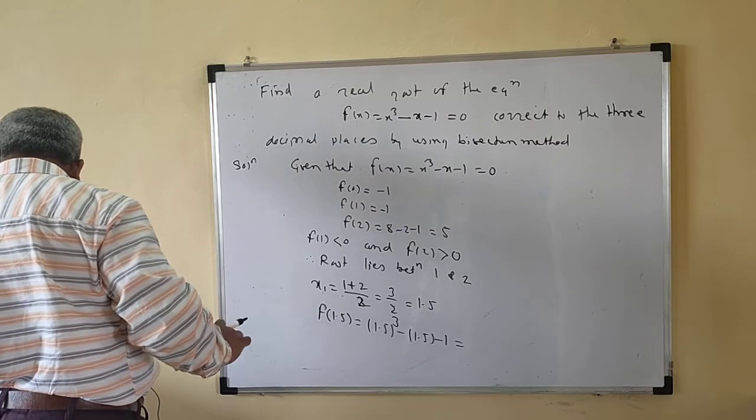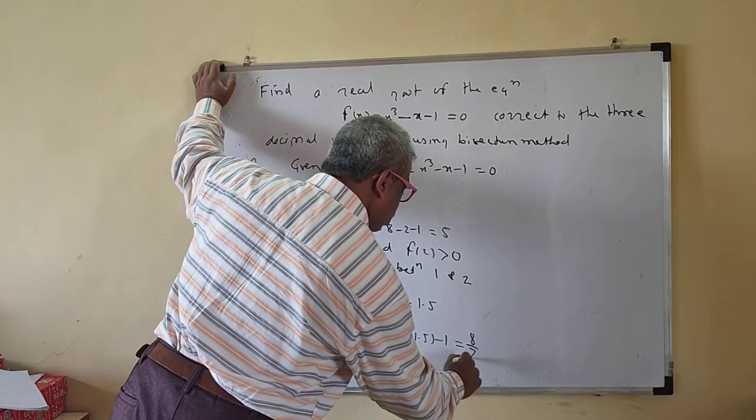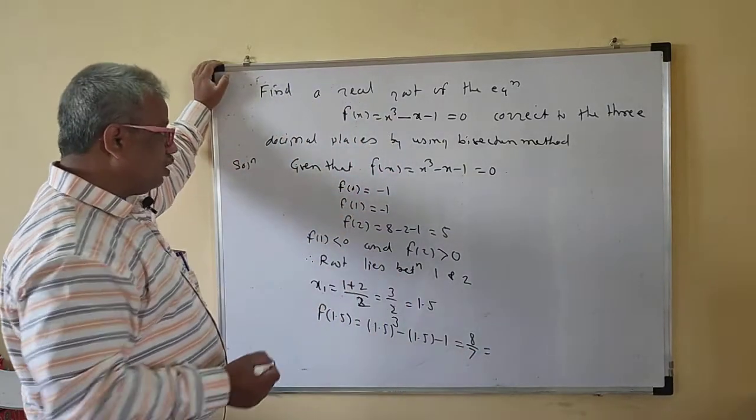Here I have calculated 8 by 7. See here, I have taken only 3 by 2.